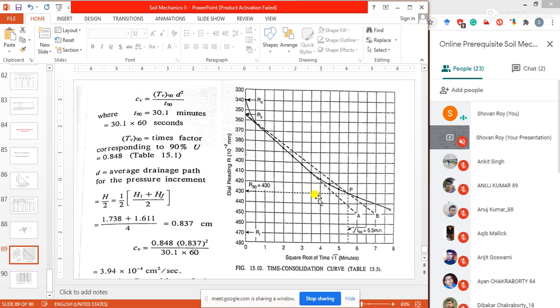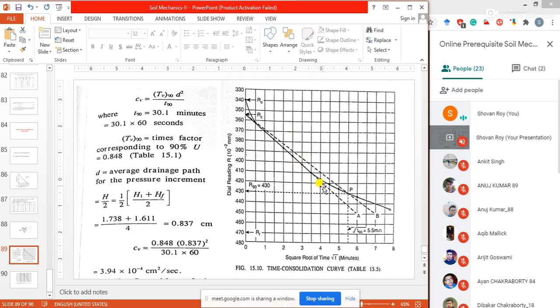Now the straight portion line, that is line A. Line A, the dotted line, is a tangent to this actual compression curve, drawn as a straight line. This line is produced back to meet the ordinate at reading RC.